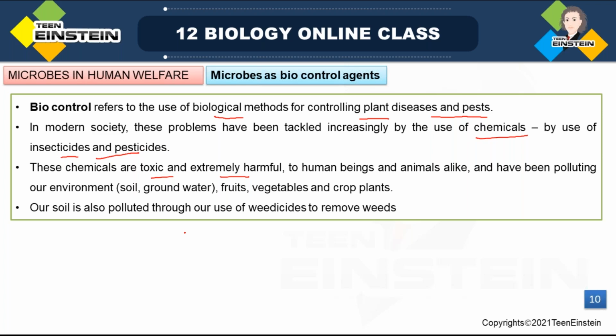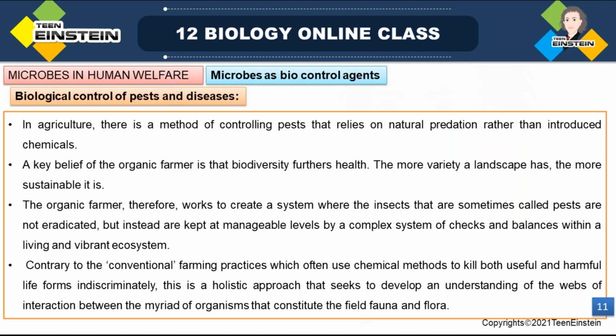Along with that, they pollute the whole environment, like water pollution and soil pollution, and soil gets polluted through the usage of chemical sprays like weedicides. So how do we control these pests and diseases biologically? How to control this?